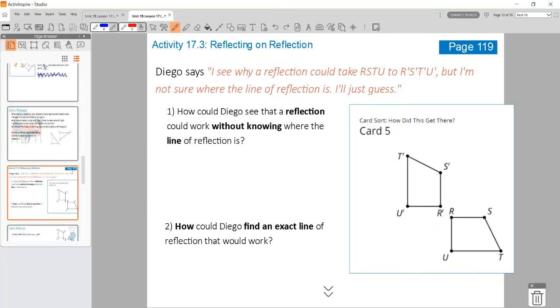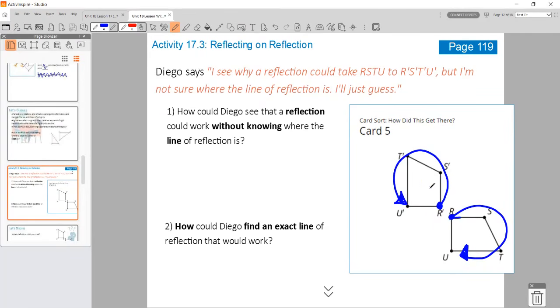So first of all, how does he know that it's a reflection? One way you can tell is based on the direction that the letters go. When I look at this, and I go in clockwise order, I see R, S, T, U, and that goes in a clockwise direction. Now if I look at this one and I start at R, S, T, U, it goes in a counterclockwise direction.